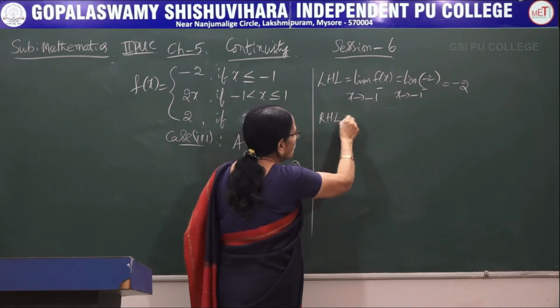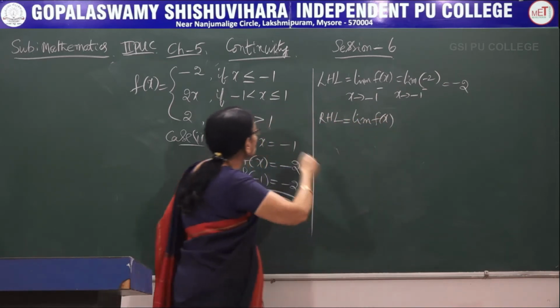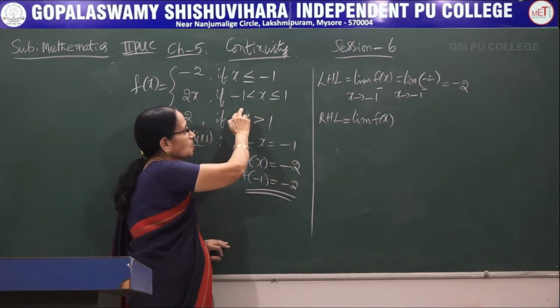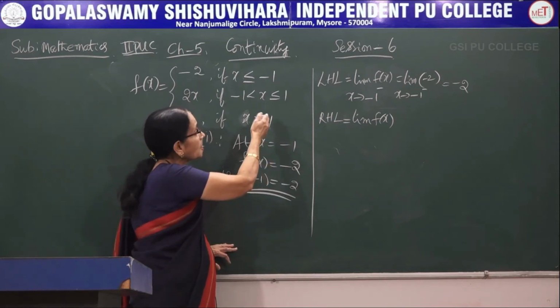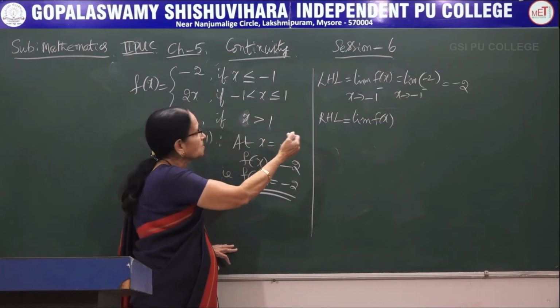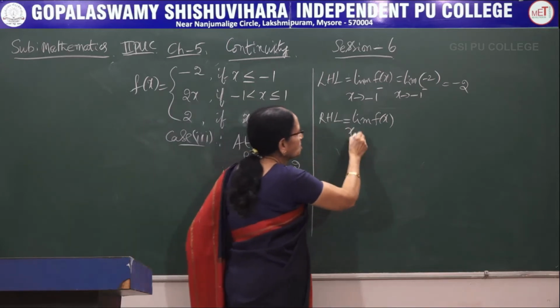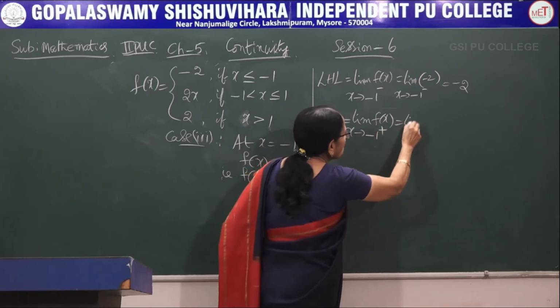Let me consider the right hand limit. Minus 1 less than x means x is greater than minus 1. So, x is approached through values greater than minus 1, from the right hand side. That means you have to write minus 1 plus. How is the function defined?